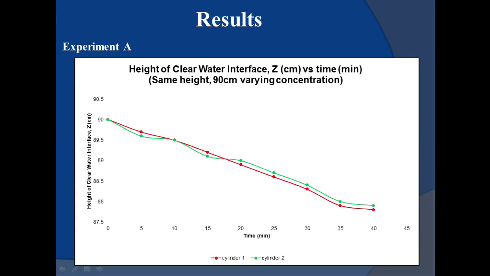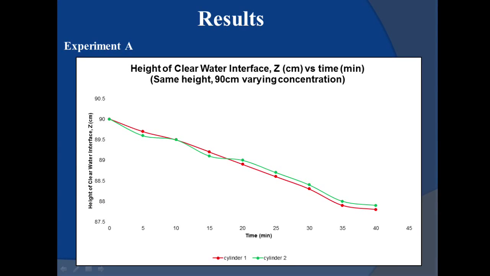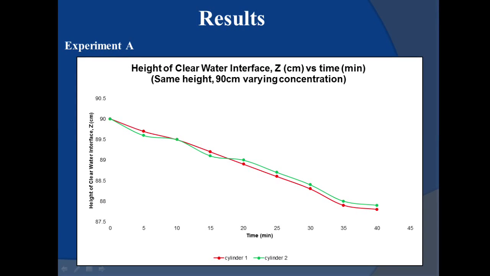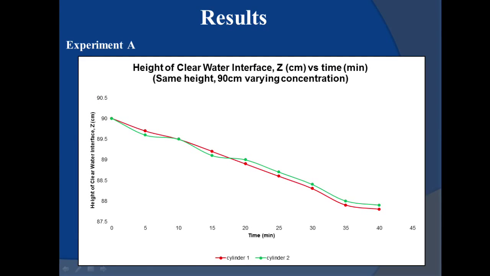The following graphs are for cylinder 1 and 2, which has the same initial height but different concentrations. Cylinder 1 consists of 12.5 grams of kaolin in 2 liters of water, whereas cylinder 2 contains 25 grams of kaolin in 2 liters of water.